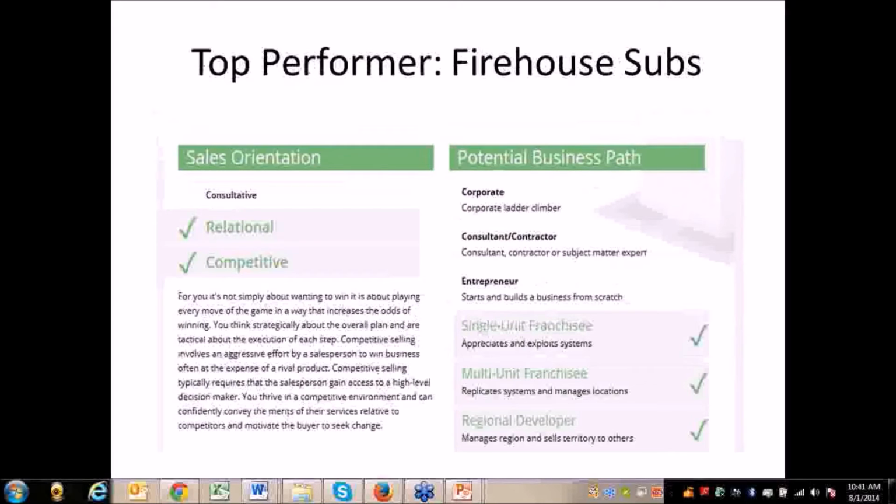So most of their top performers will score within single, multi-unit, and regional development opportunity. So we're looking for, in this concept, someone that's relational and competitive in sales and has a multi-unit kind of mentality. So we're not going to put corporate ladder climbers into this business. Even though it's a cookie cutter business, this is not a business for a corporate ladder climber or an entrepreneur, because the systems are too snug, they're too buttoned down. The entrepreneur would be bored and he would be crazy, right?